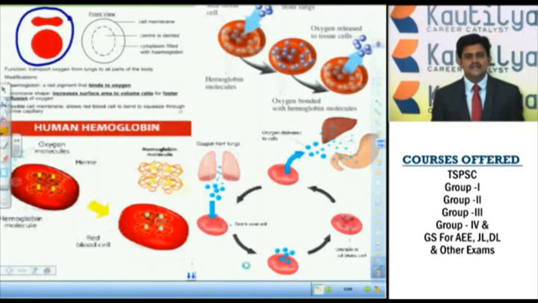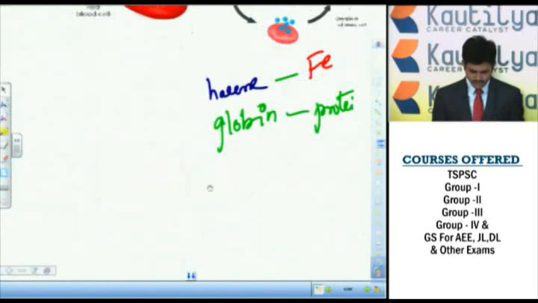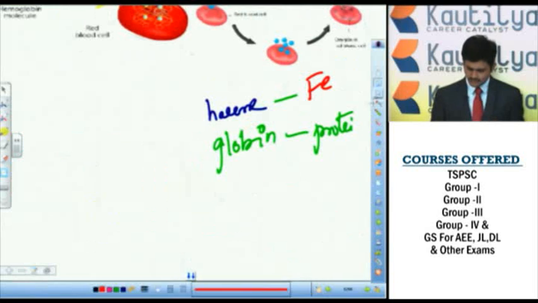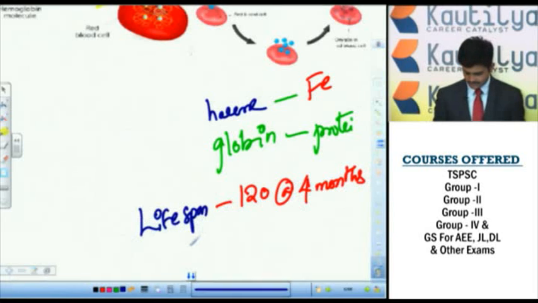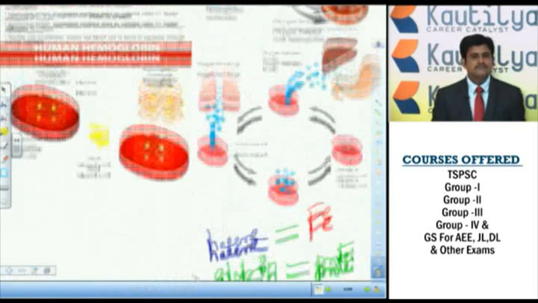RBC has a lifespan of 120 days, or 4 months.